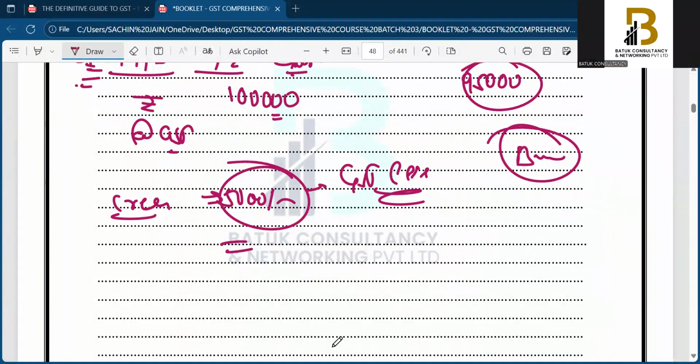So this is the concept of my financial discount. I think this concept is okay for everyone.